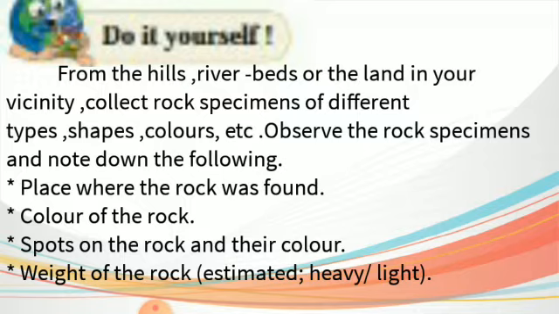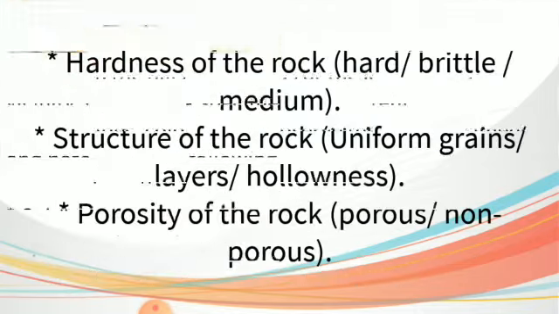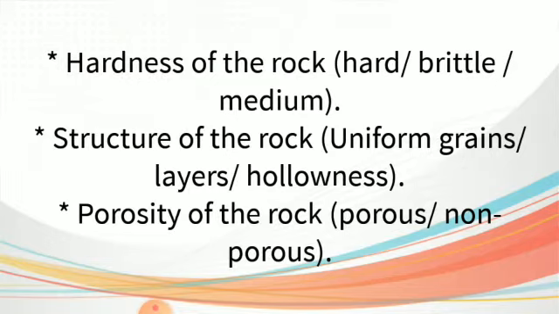You have to note down the color of the rock also, spots on the rock and their color, or weight of the rock. Just estimate it, heavy or light, whether the rock is very light or very heavy.